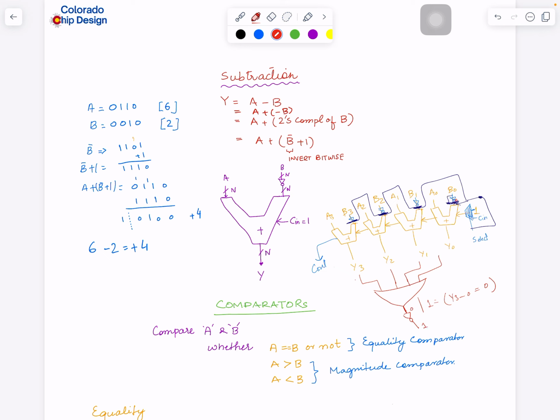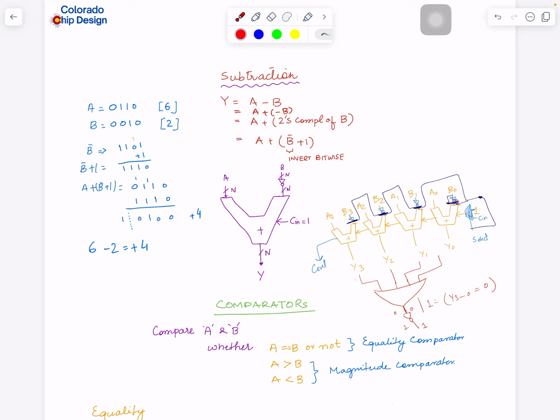So let's say whenever these become 0, this becomes 0 and this becomes 1. Let's say if one of them is not 0, like 0 1 0 0, then this will be 1 and the NOT will be 0.